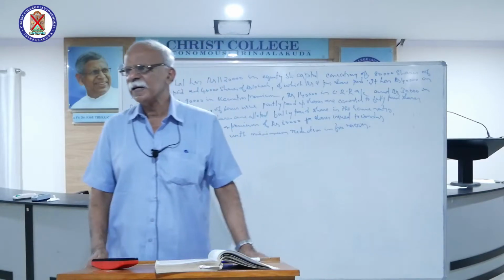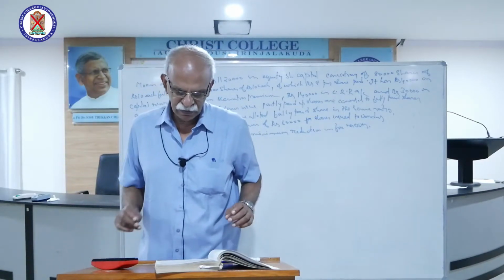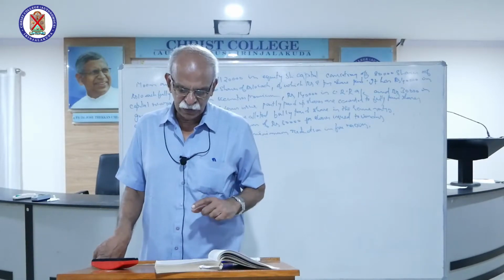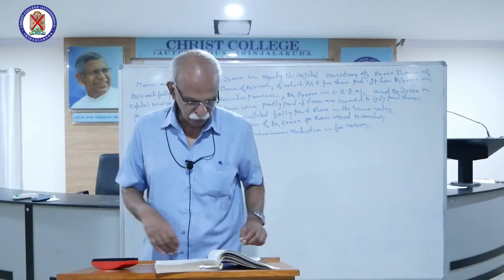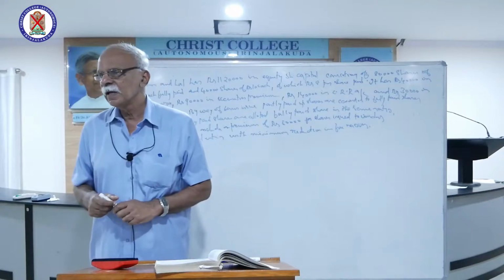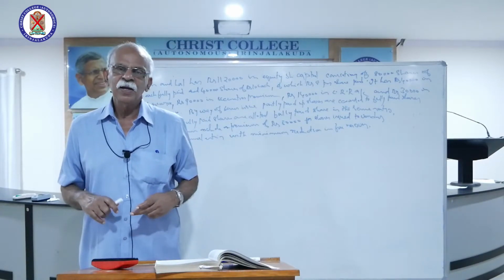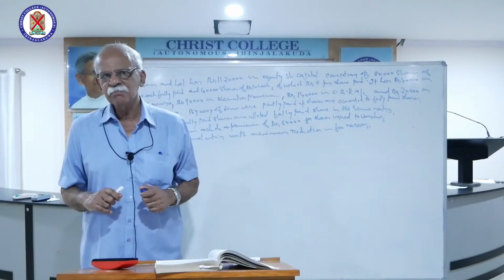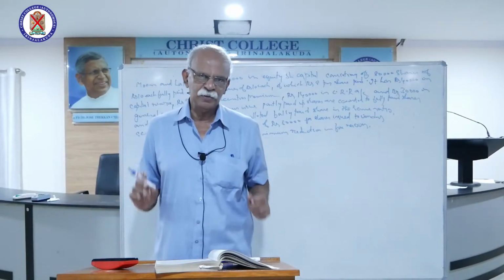For converting partly paid shares into fully paid, how much is the amount required? On a rupees 10 share, the paid up amount is only 8 rupees. So the unpaid amount is 2 rupees per share. On 40,000 shares, 40,000 into 2 is 80,000.